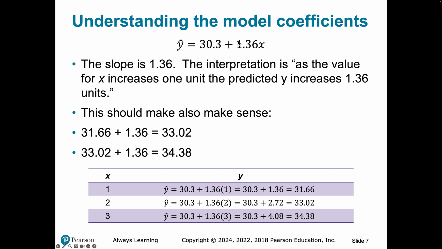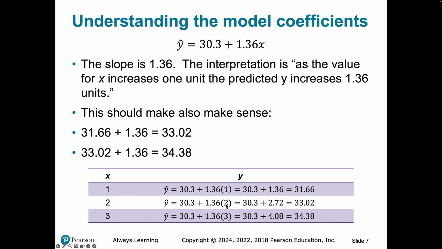If I have plus 42 here, as the x value increases 1 unit, the predicted y increases 42 units. So the words are always the same. What changes is just the tail end of the interpretation. Now this should kind of make sense, because let's just put x equal 1, x equal 2, and x equal 3 into our model.